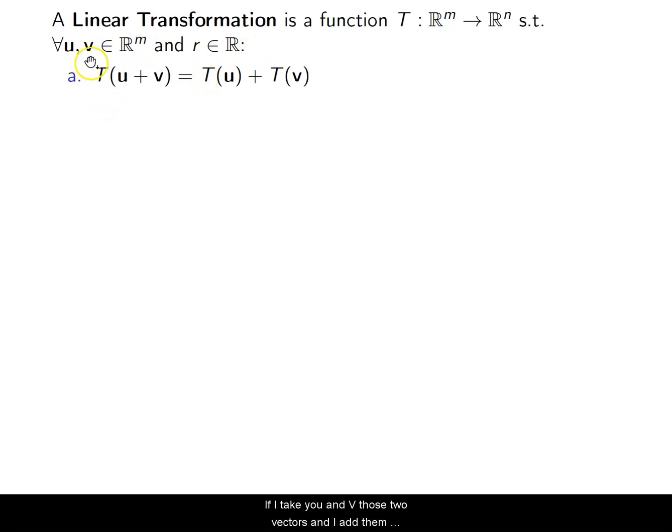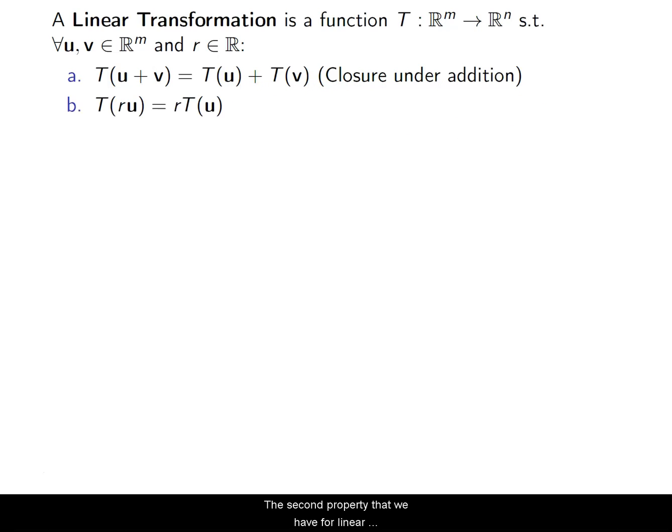If I take u and v, those two vectors, and I add them together, and I plug them into my transformation, my function, then it's the same thing as if I were to transform one of those vectors and transform the other vector and add them together, okay? So the transformation looks like a distribution, but it's not a distribution. It's actually the closure of addition principle, okay? So whether I'm adding inside the transform or I'm transforming the individual parts and then adding them together, I'll get the same thing, right? So that's closure under addition.